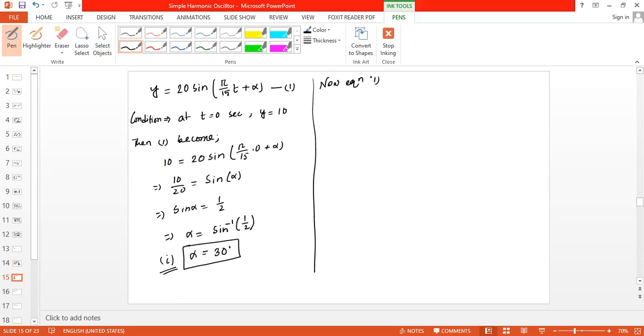Equation 1 can be written as y equal to 20 sine pi by 15 t plus alpha, where alpha means 30.